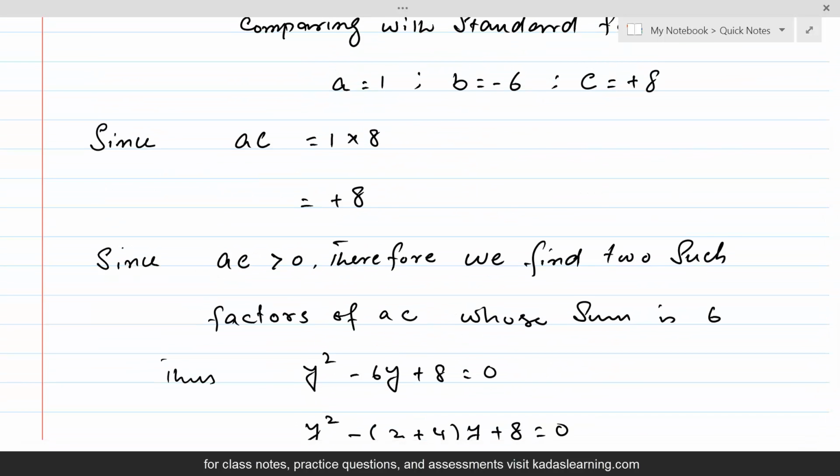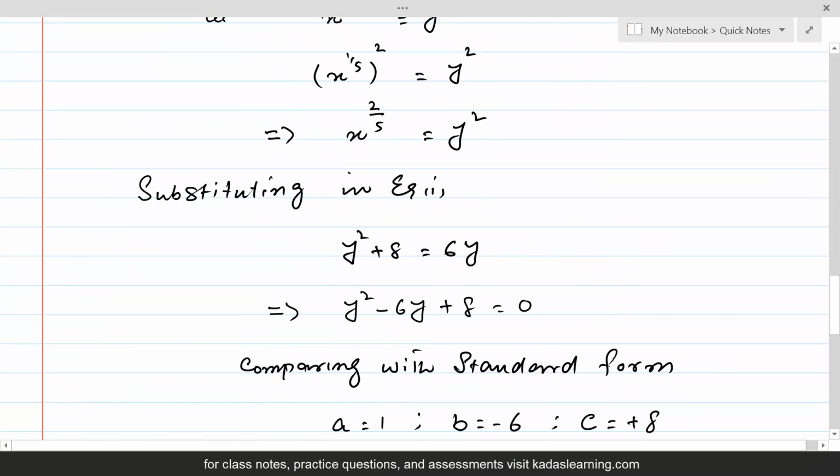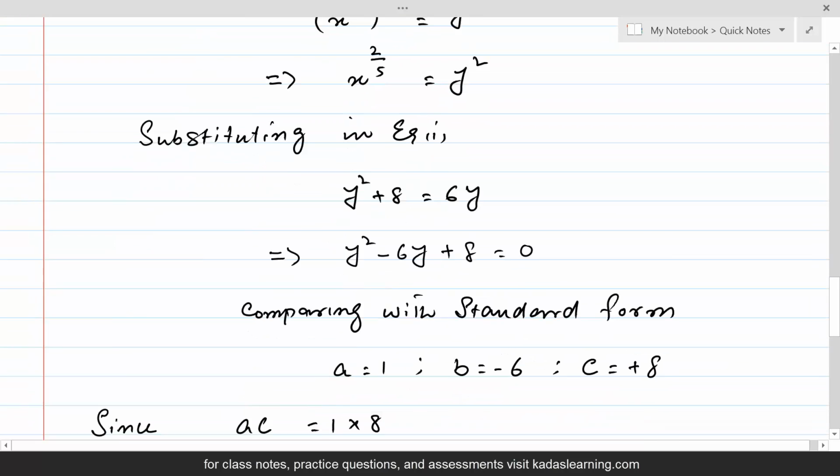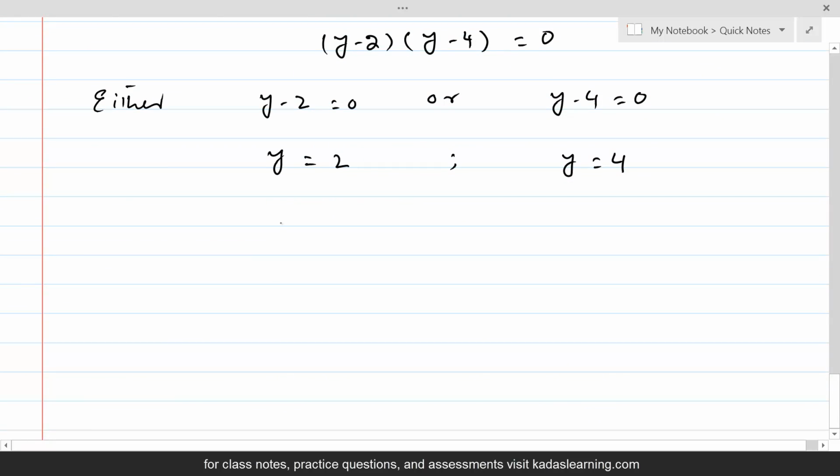We made this substitution at an earlier stage and we took y equal to x power 1 by 5. So let's substitute that. This means x power 1 by 5 is equal to 2, and here x power 1 by 5 is equal to 4.